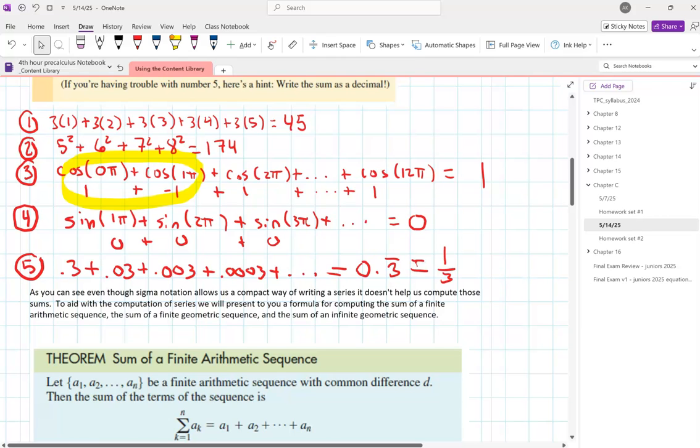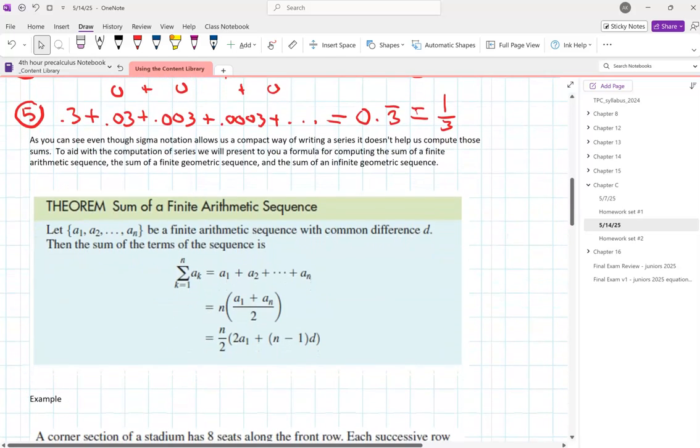Like we naively just used what we know as a definition of the sum to calculate these. Ideally, we wouldn't want to have to expand this out, because what if it was just like the sum of the first 1,000 terms? Well, yuck, I don't want to do that by hand. Like, there's got to be an easier way. There is, provided that the sequence you're adding up is either arithmetic or geometric.